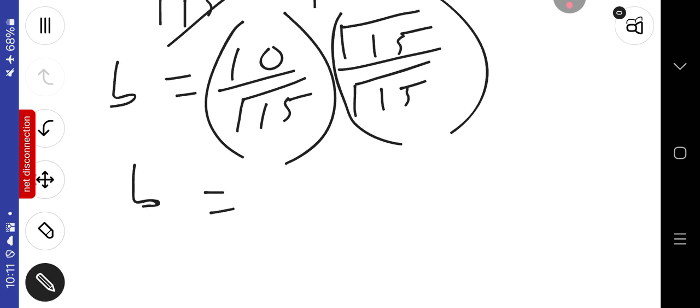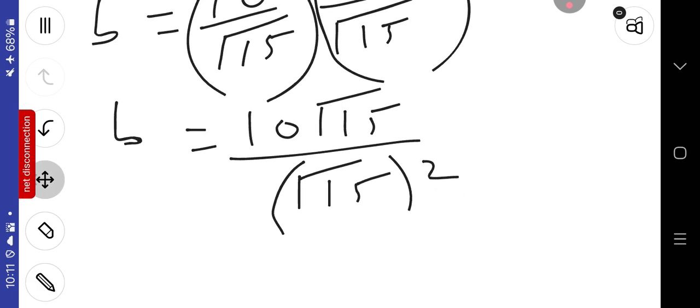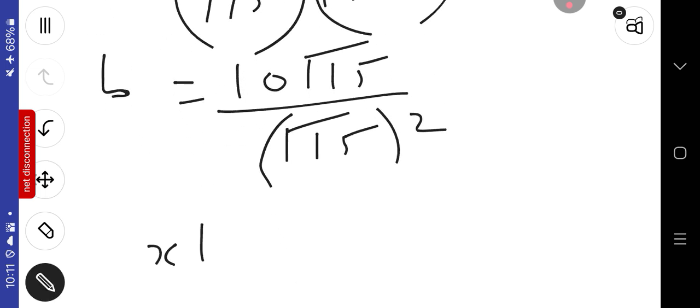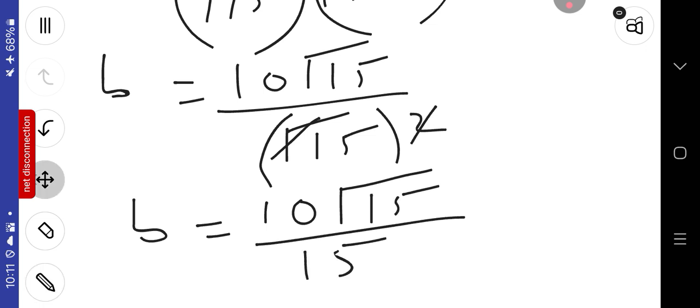So we are going to have B is equal to 10 root 15 over root 15 squared. So these two cancel this root. So you're going to have B is equal to 10 multiplying the square root of 15 all over 15.